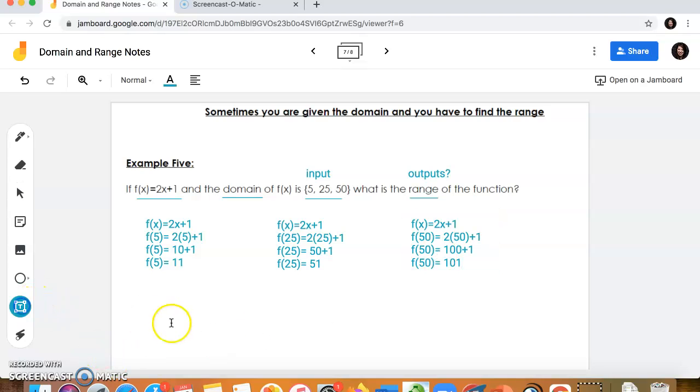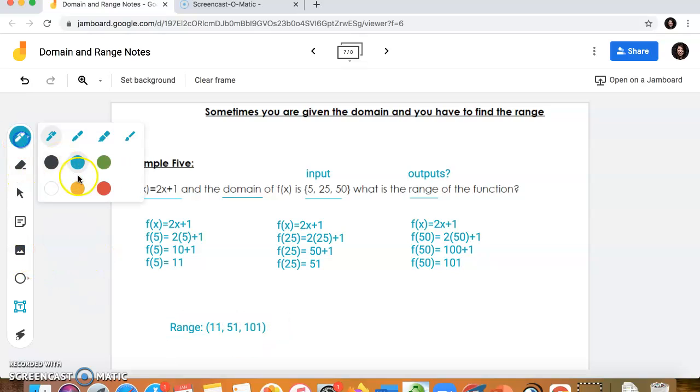So when we're writing the range, we're going to say that the range is 11, 51, and 101 because this was our answer, this was our answer, and this was our answer. All right, if I went too fast on that slide, pause the video because I am going to go to the next one.